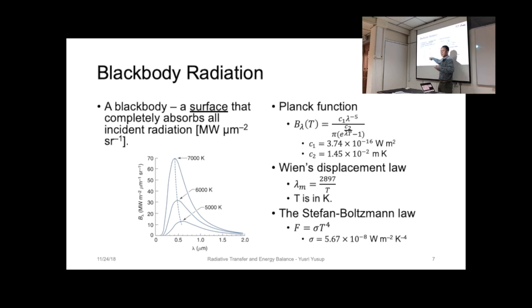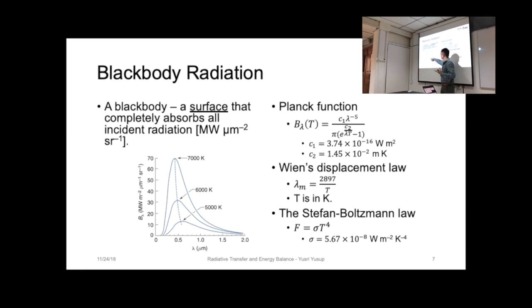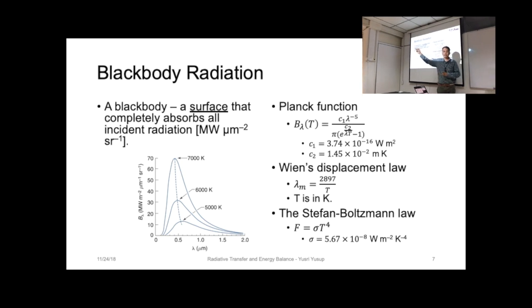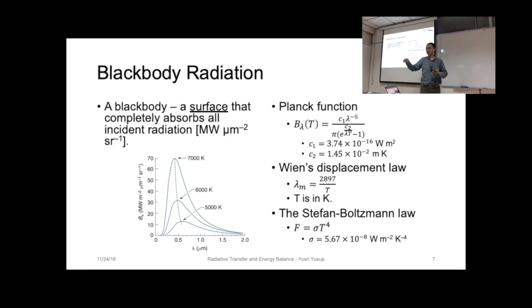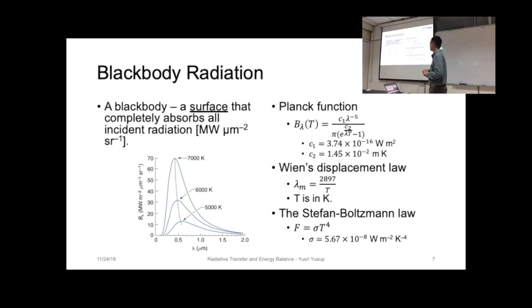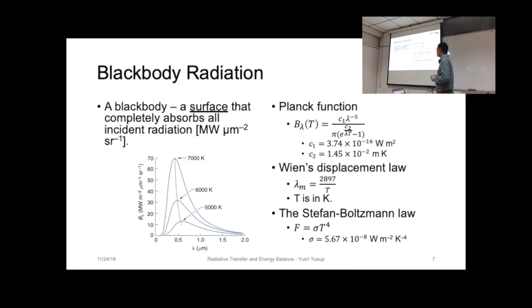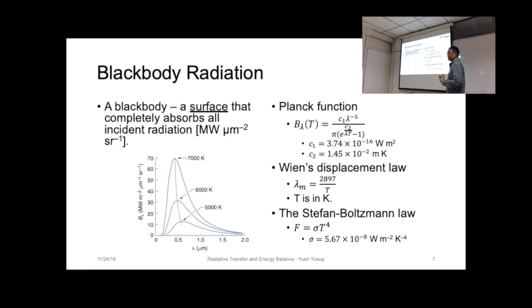A higher black body value corresponds to a higher temperature range. If the black body is at 7,000 Kelvin, 7,000 Kelvin is very hot, right? 7,000 minus 273 is about 6,700 degrees Celsius. The black body value is higher.